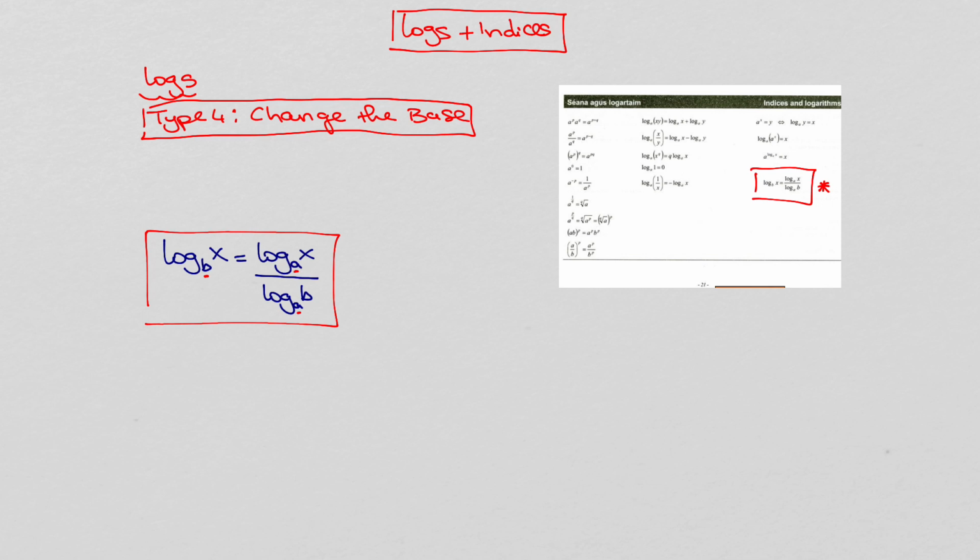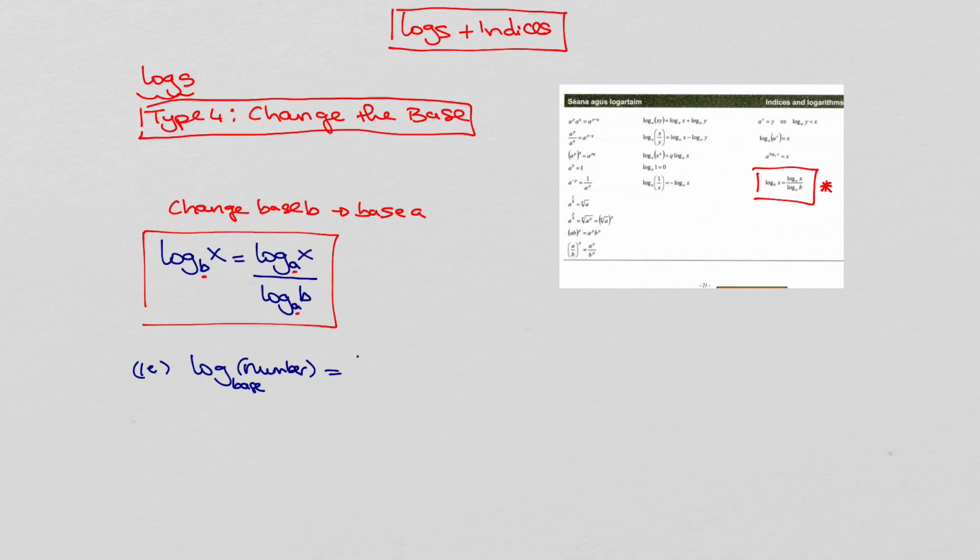So what this rule is telling us to do is that we're going to be changing the base B to base A. So in words, what this basically means is that if we have log of a number to some base and we want to change that base, then it's going to be log of that number to the new base over log of the old base to the new base. So in other words, the old base is the letter B and the new base is the letter A.